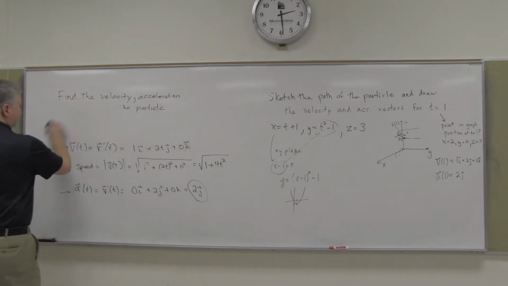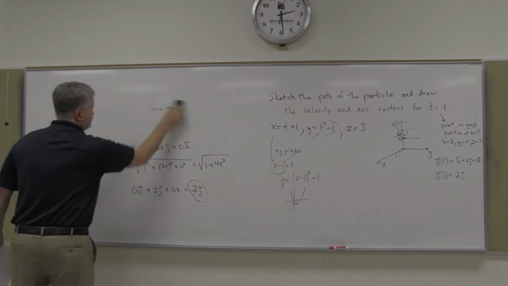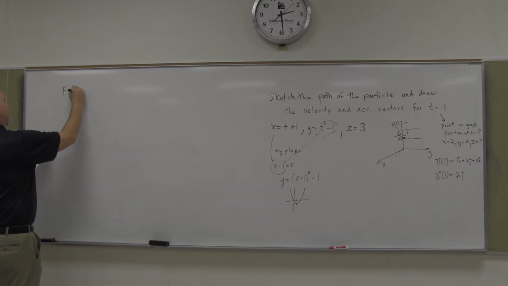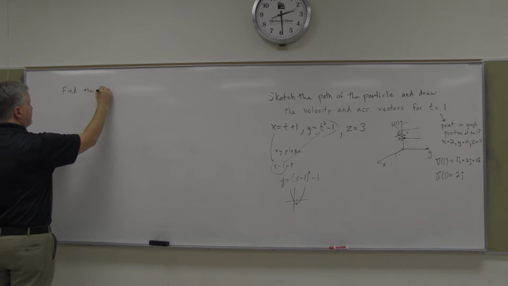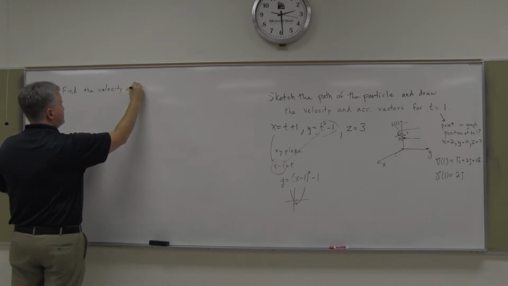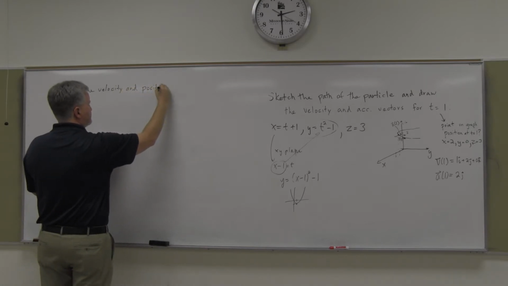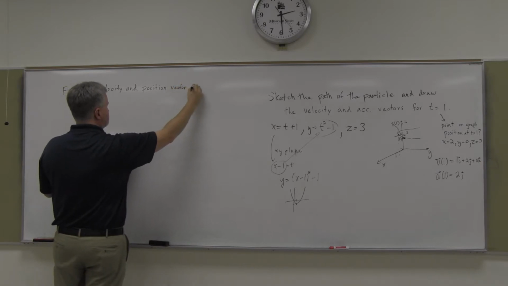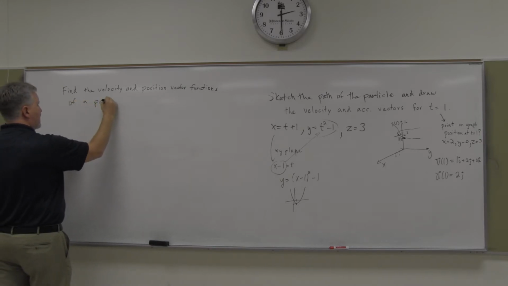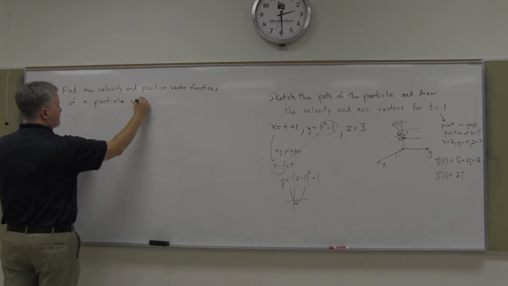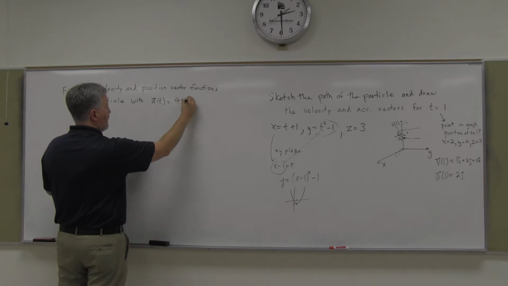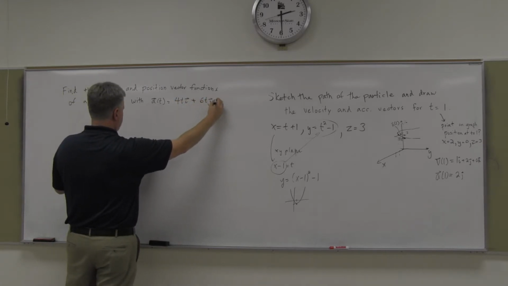Let's find the velocity and position vector functions of a particle with acceleration vector a of t equals 4t i plus 6t j plus k.